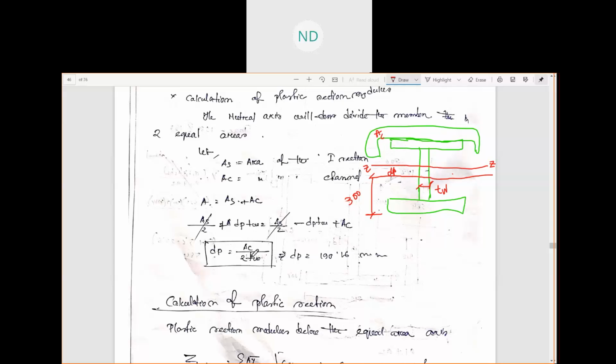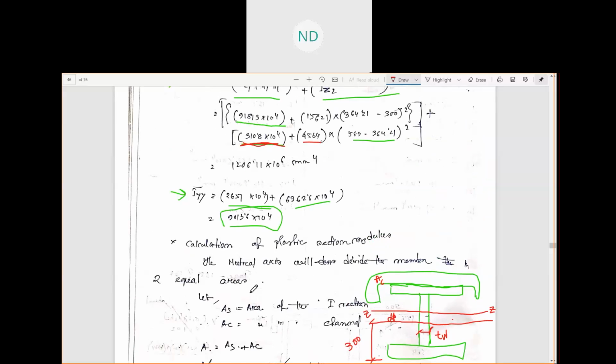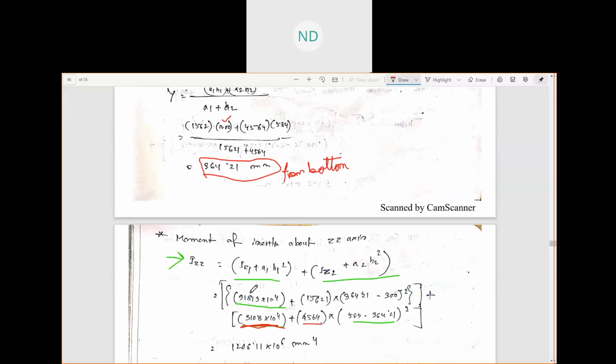So this can be cancelled out, As by 2. From this equation we will get dp is equal to AC by 2 into tw, where dp is equal to 190.16, because the area of the channel section we know, and the thickness of the web we also know from the properties. See here, thickness of the web is 12.